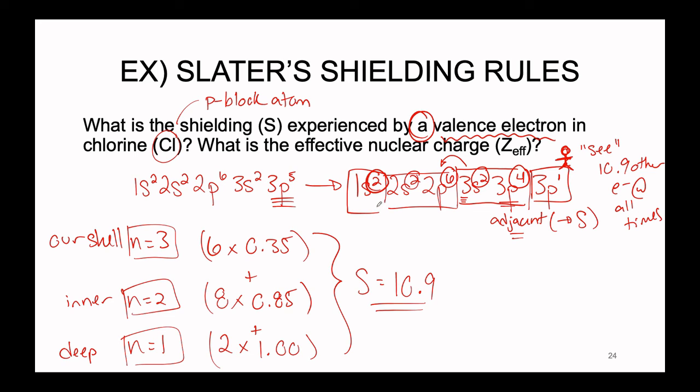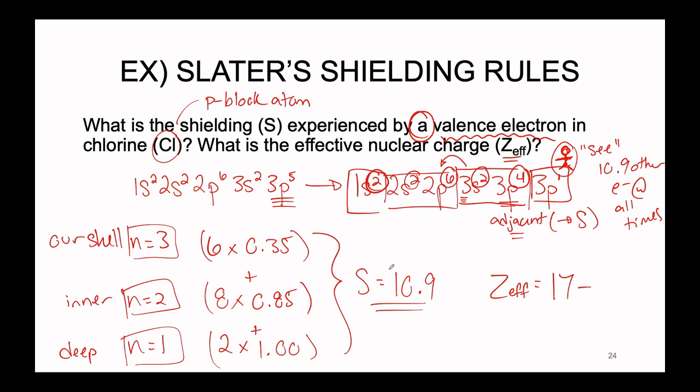All right, so now that we have our shielding factor, we can use this to calculate the effective nuclear charge that is experienced by this electron that we're hanging out next to. Our effective nuclear charge is going to be equal to the atomic number Z for the element chlorine, which is equal to 17.